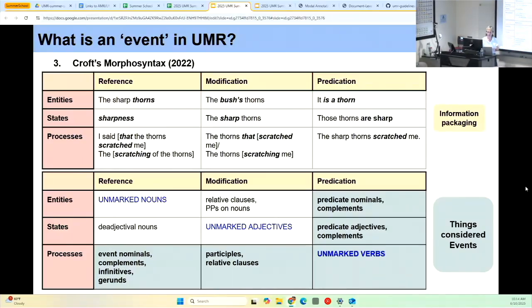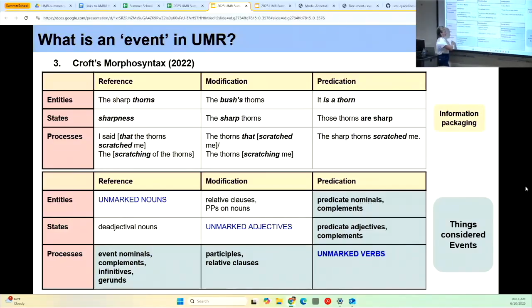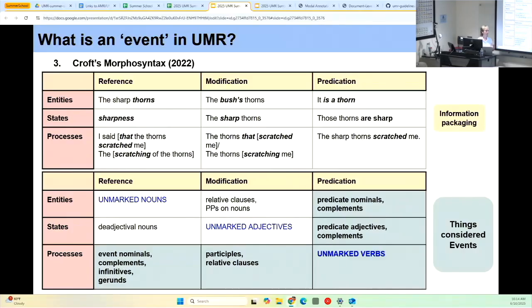But the general rule is anything that is predicated and anything that is a process, no matter how it's expressed, is considered an event in UMR that gets aspect, gets modal strength annotation, and gets included in the temporal dependency. And also, any of these things are good candidates for making rule sets.